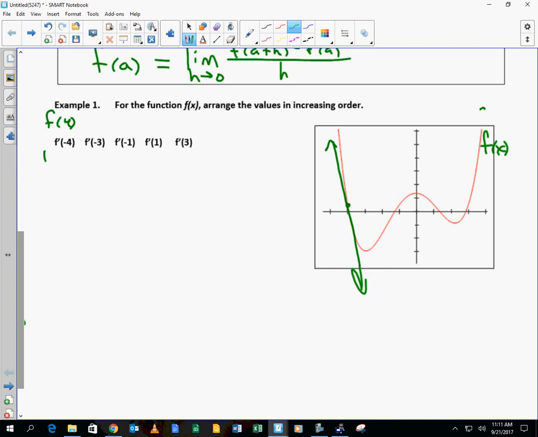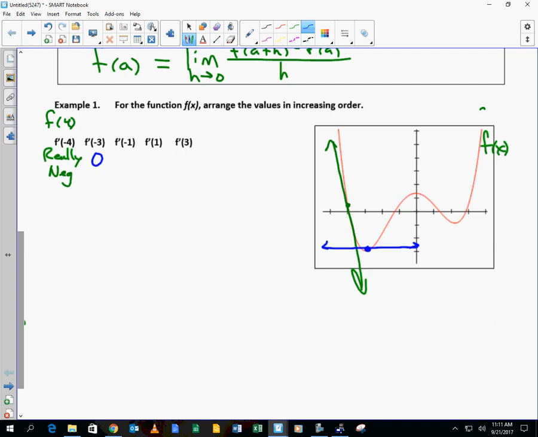Yeah, in fact, I would say really negative. F prime of negative 3. I locate f of negative 3 as I draw a line tangent there. What would you estimate to be the slope of that tangent line? 0. So we say that f prime of negative 3 is 0.